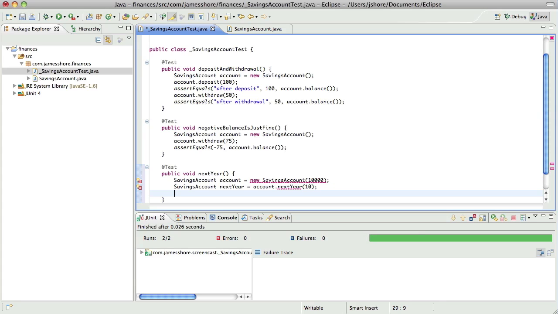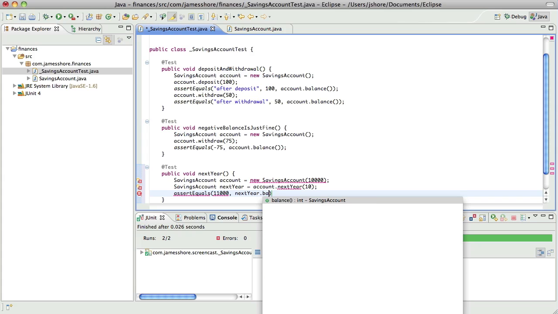Which means that next year what we would have would be, well, 10,000 times 10% would be 11,000, correct? So let's see, next year balance.